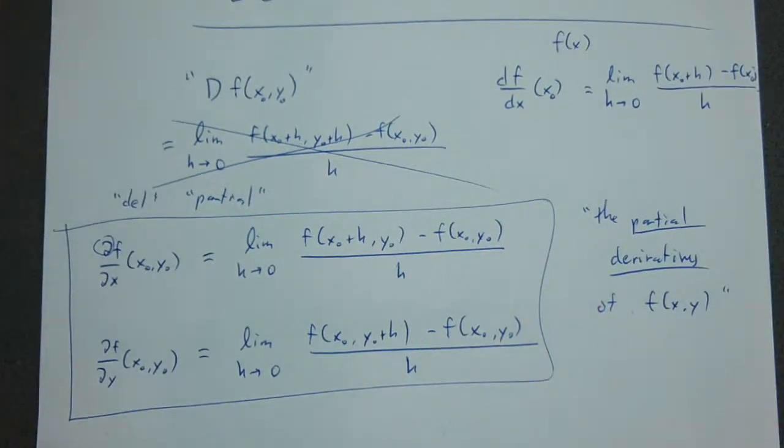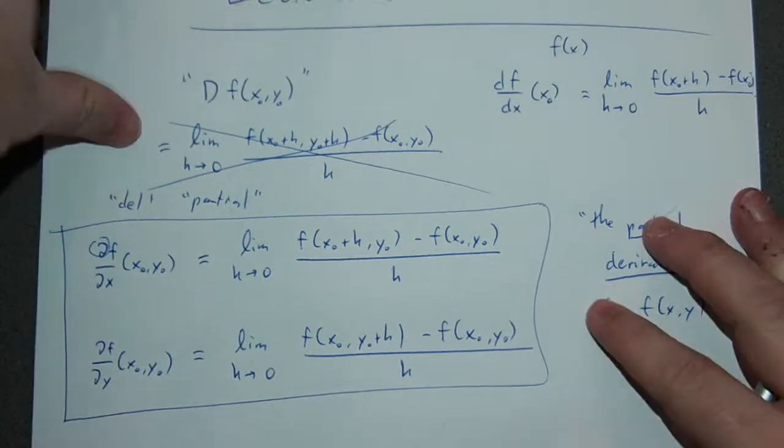Now, before I go about actually giving some examples of computing these things, what does this mean intuitively? What is it that's going on? The idea, I'll draw a picture really quickly.